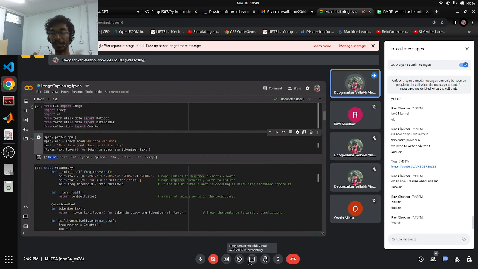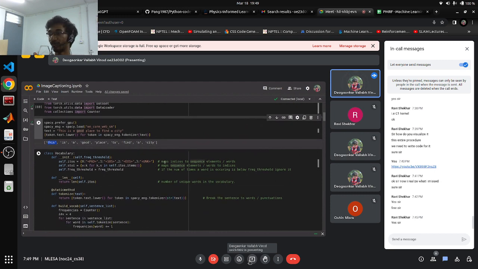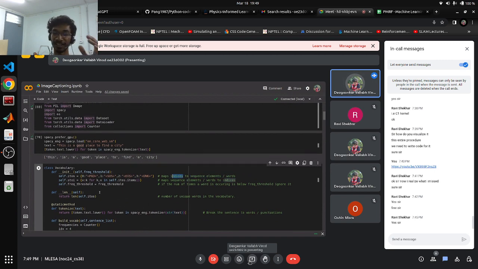I need to send it numbers. So what I will do is map these words to certain indices. Okay, and I will create a vocabulary. So I will create my own dictionary which has only that many words which my caption has.